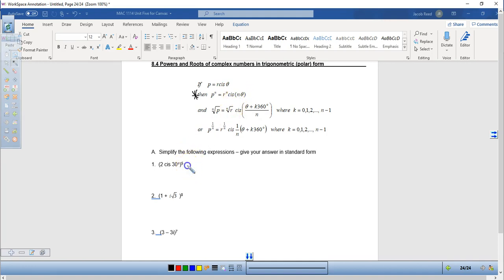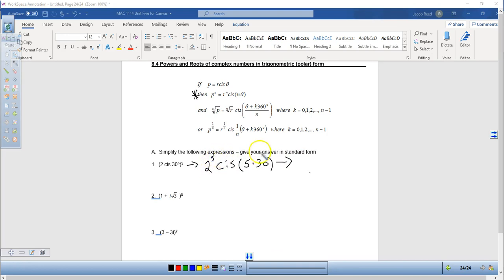So what does that mean? It means that this is really going to be 2 to the 5th power cosine plus i sine of 5 multiplied by 30. And that's going to give us our new polar form expression.